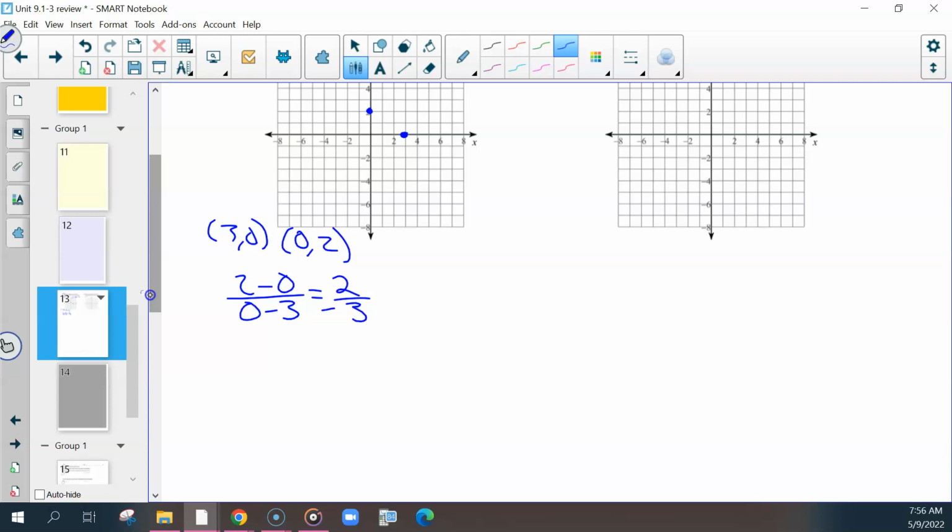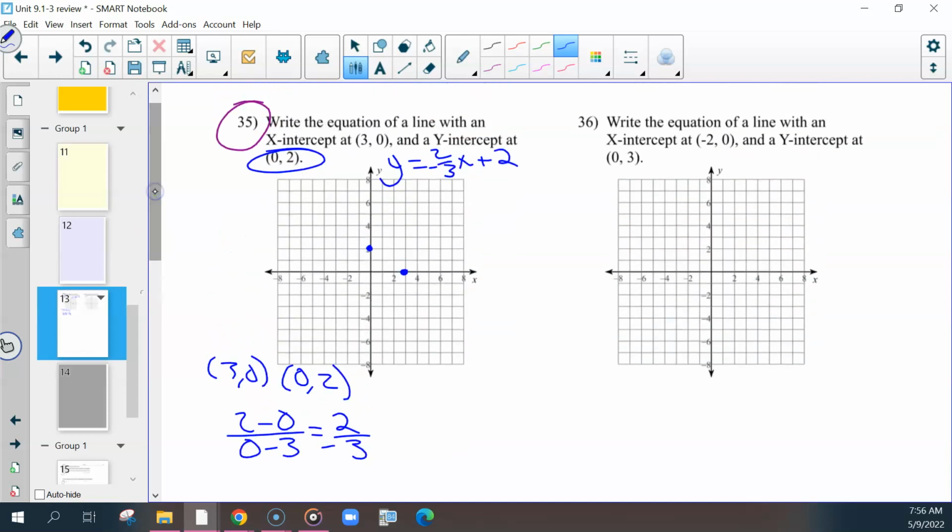At that point, you were given your y-intercept, so you could put them together in slope-intercept form. If you forgot that you were given your y-intercept, you could take either of these points and use point-slope formula. Questions on that one?